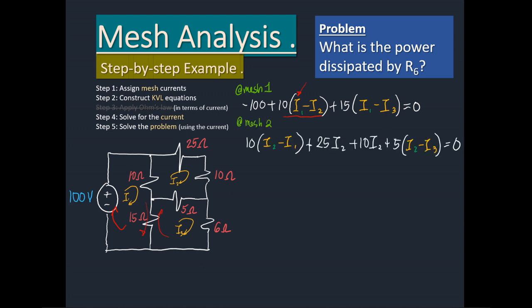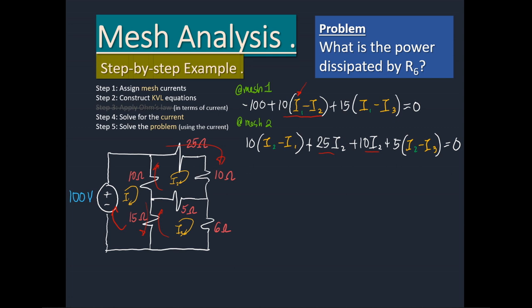For the second mesh, I2 is the reference of mesh 2. When I2 enters 10 ohms, that's positive, and I1 is negative because I1 is opposing I2. So we have this equation. Then plus 25 I2, because only I2 enters this branch and there's no other current except I2. All of them are positive.